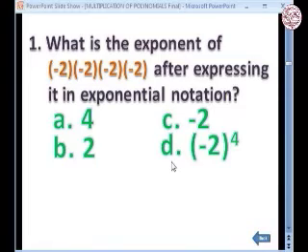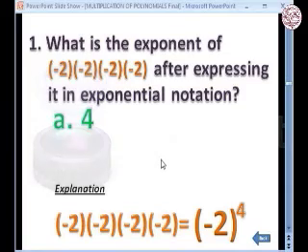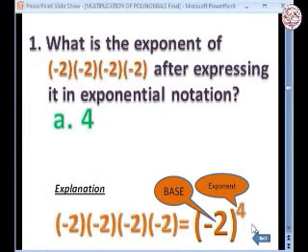Okay, so the answer is letter A, which is 4. The question is why? Here is the explanation. Because negative 2 times negative 2 times negative 2 times negative 2 will actually give you negative 2 raised to the power of 4. And as you can see, negative 2 is your base and positive 4 is the exponent. Did you get it right?